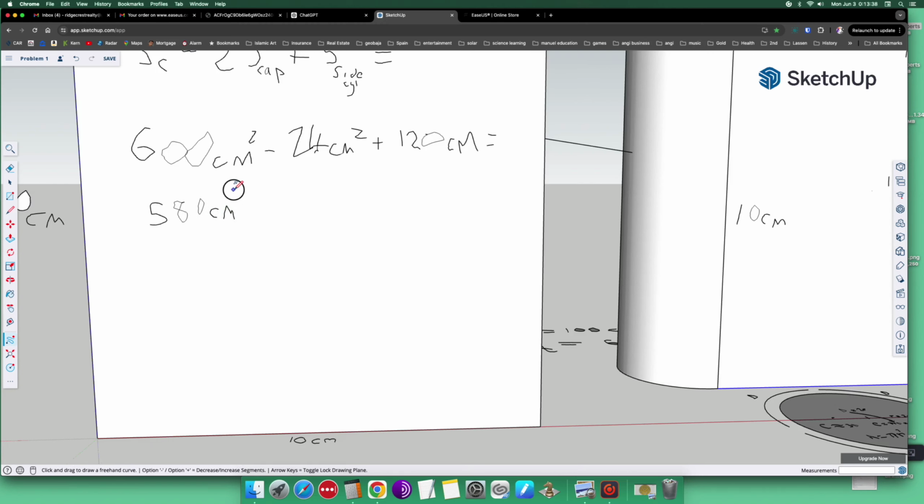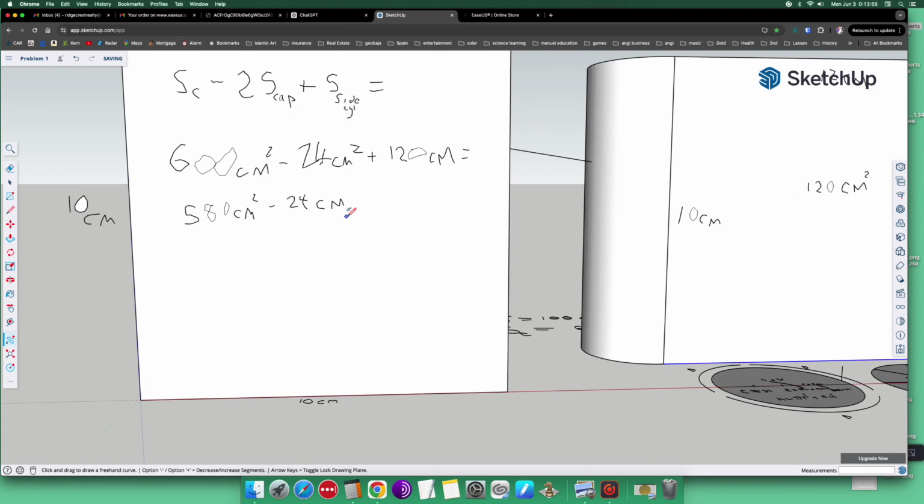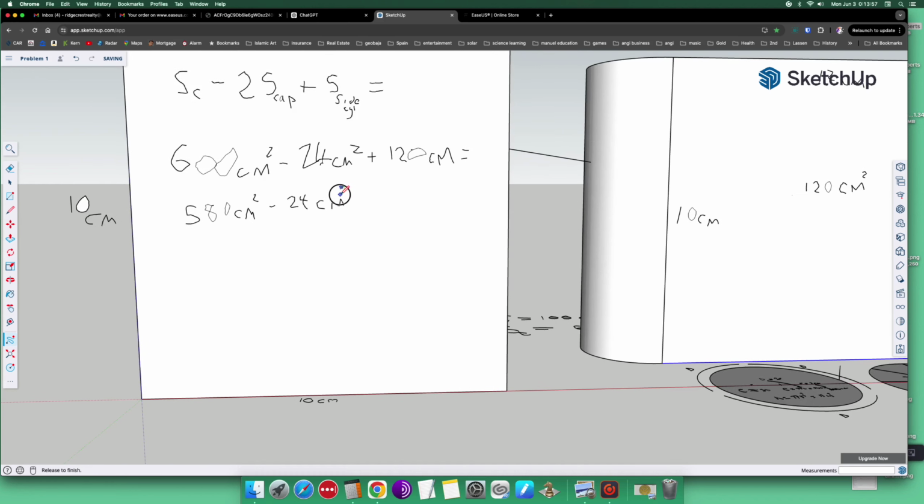And now we have yet to subtract the 24 centimeters squared.